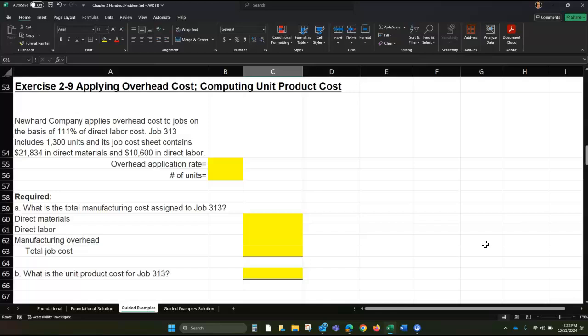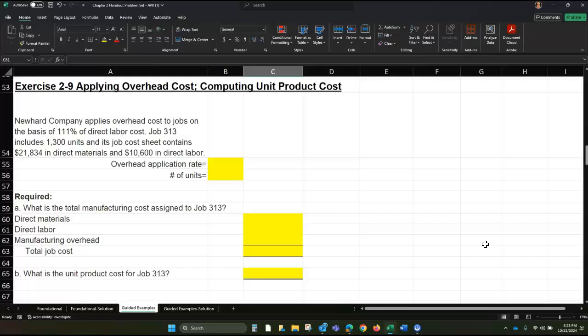All right. So on 2.9, we've got Newhard Company, which applies overhead costs to jobs on the basis of 111% of direct labor cost. Okay, so again, don't miss this. 111% of direct labor cost, not per hours.